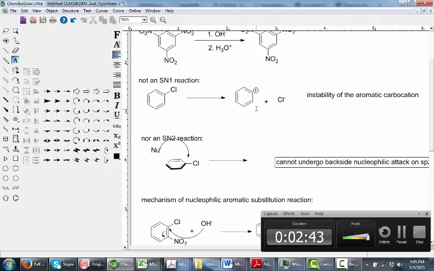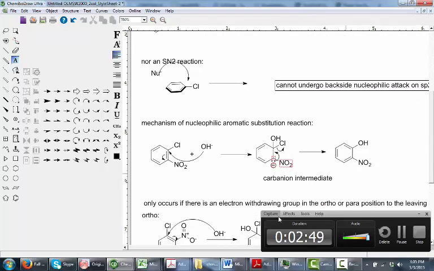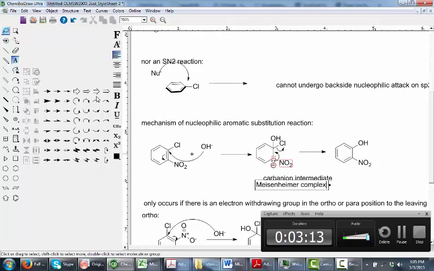What kind of reaction is actually going on here? Well, let's scroll down and look at this mechanism. In the first step, there is a nucleophilic attack of the OH minus on the carbon it's going to be attached to. This generates a resonance stabilized carbanion intermediate called the Meisenheimer complex.